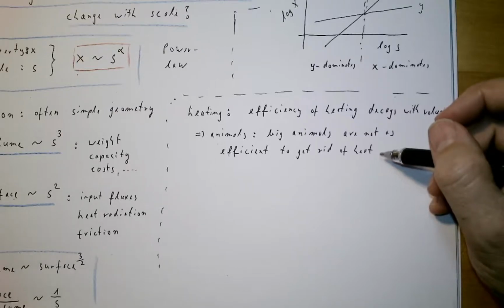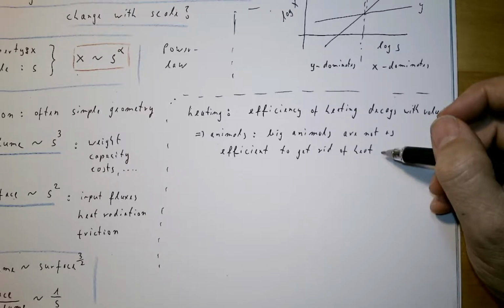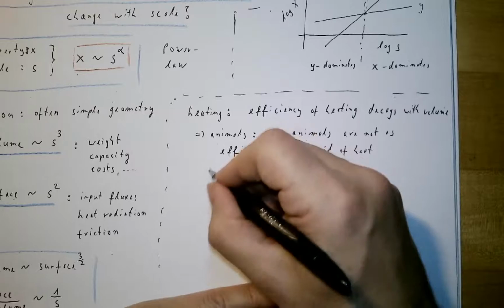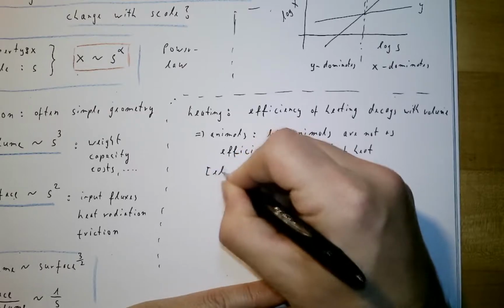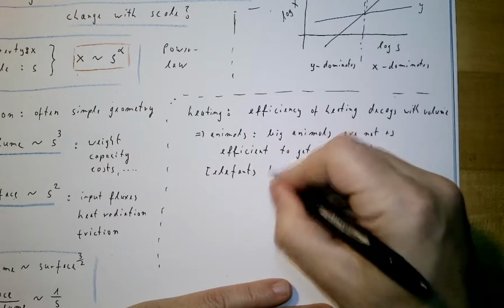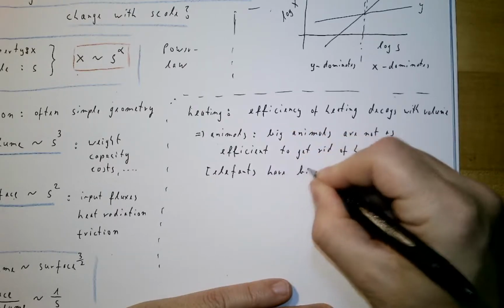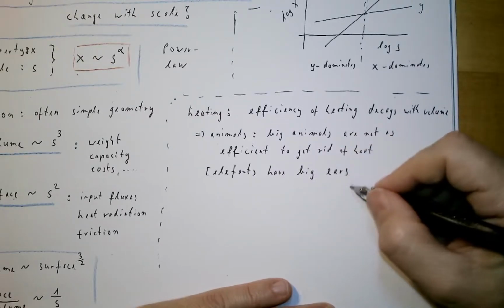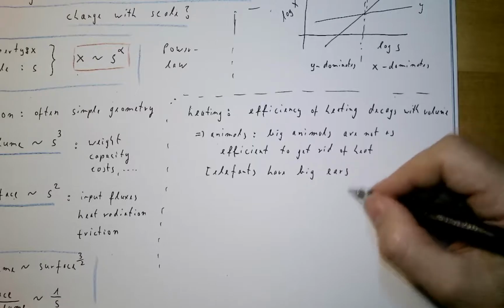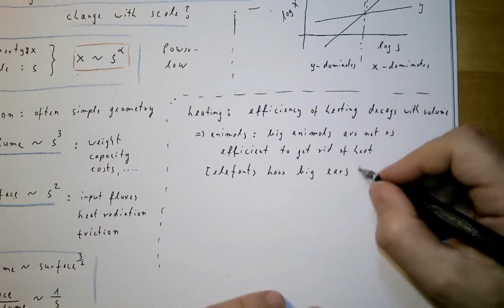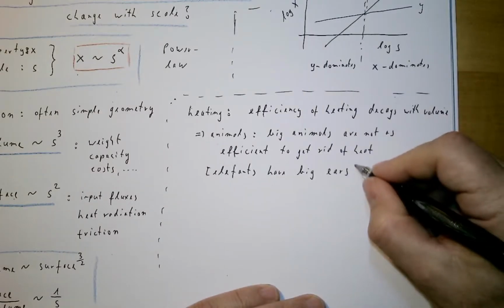And so what was the answer from evolution, from nature, to help the elephants? The elephants have these very big ears, and the big ears are just there to act like heat radiators to help elephants get rid of the body heat. Yeah?